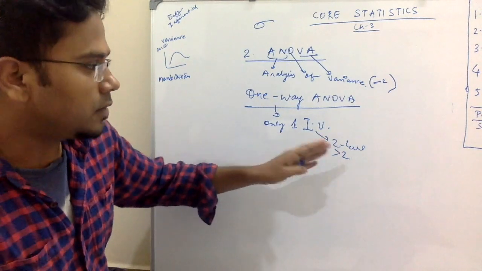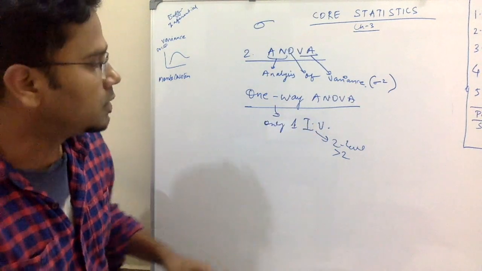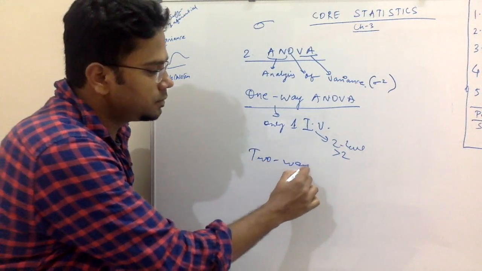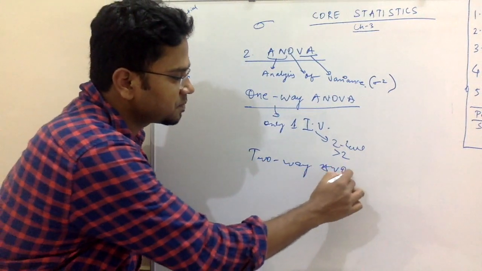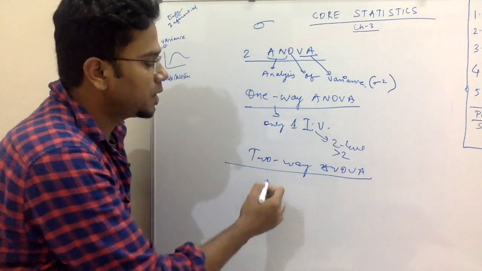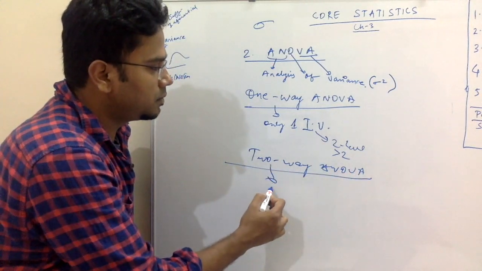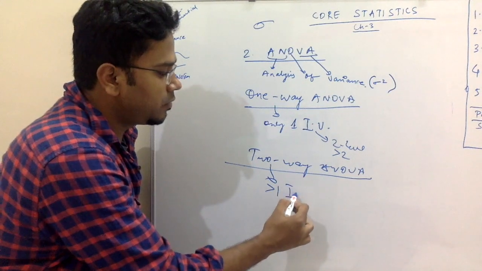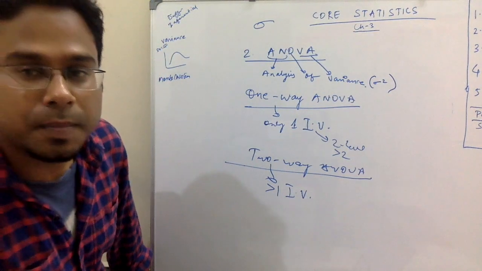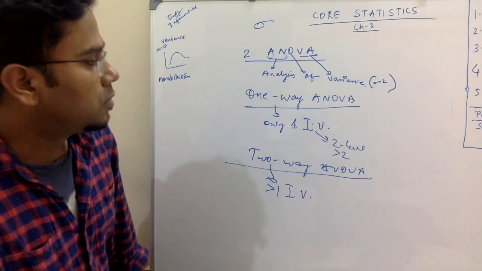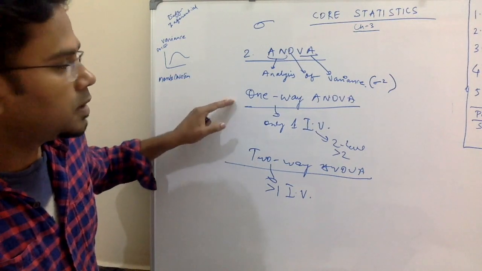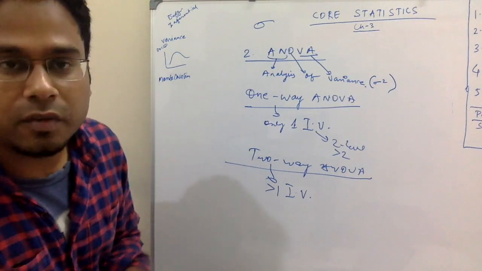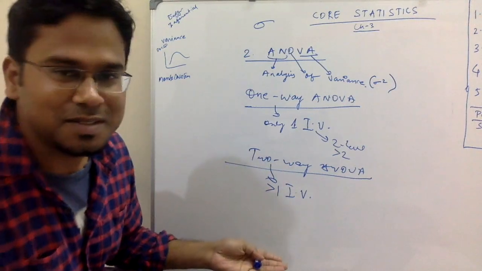It can have multiple levels or just two levels. Then what is two-way ANOVA? It is where there are more than one independent variables. They would ask this, sometimes: how does one-way ANOVA differ from two-way ANOVA? So you just have to write this.